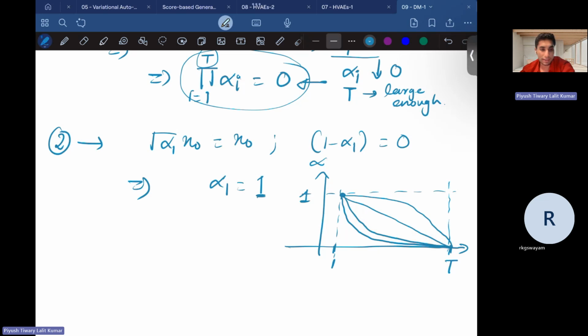That is what you asked, right? How should we choose the alpha, and how will we make sure that the third condition holds true? This is the answer to that question: you can make your alpha follow something like this, and you will get what you want.